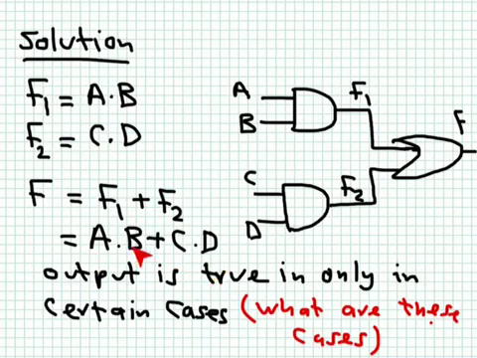It's A and B or C and D. The output F will be true only if the output F1 is true or the output F2 is true or both of them are true. Okay, so now we can start to build the truth table, 4 inputs and 1 output, and then try to see how we can get true output for this function.